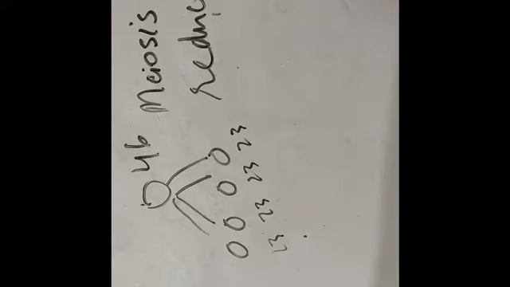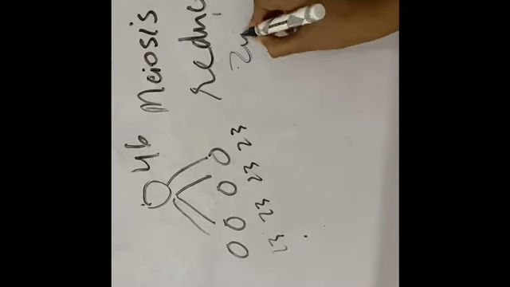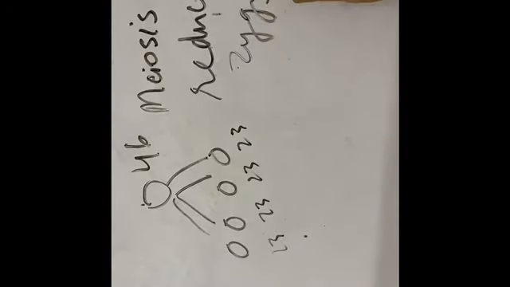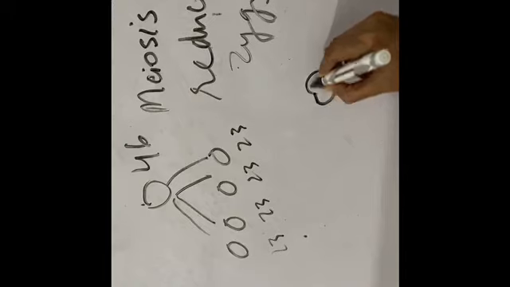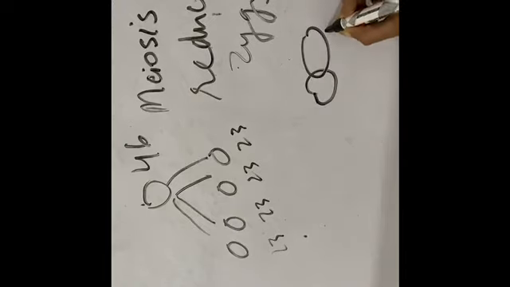Okay, generally meiosis only takes place during the formation of gametes in case of sexual reproduction. Because what happens during the formation of zygote is that a male gamete fuses with a female gamete, and then a new baby, a zygote, is formed.